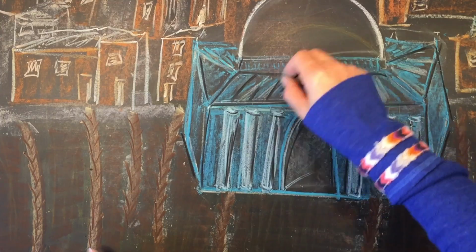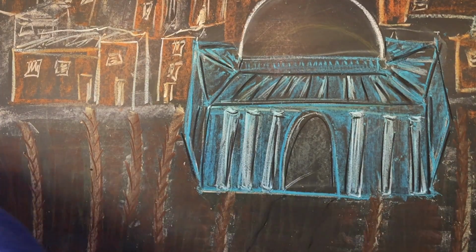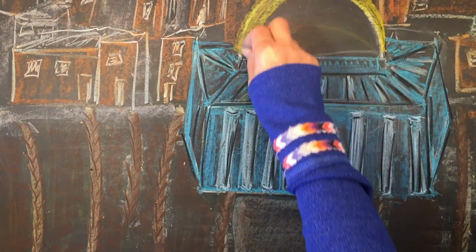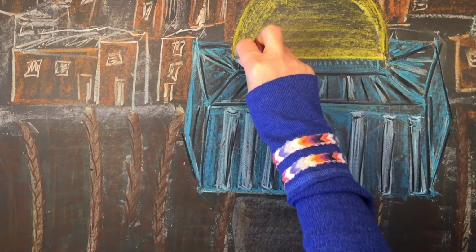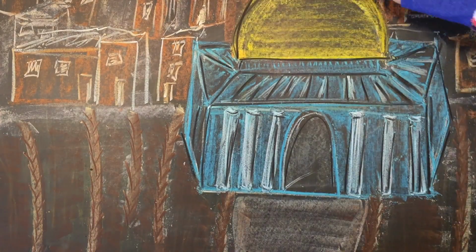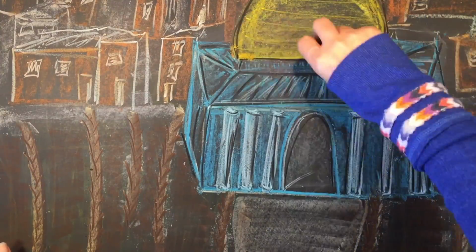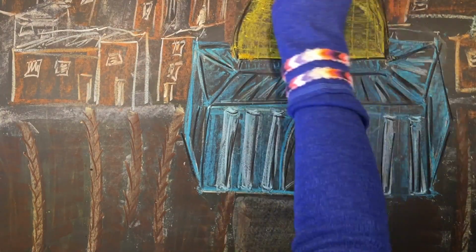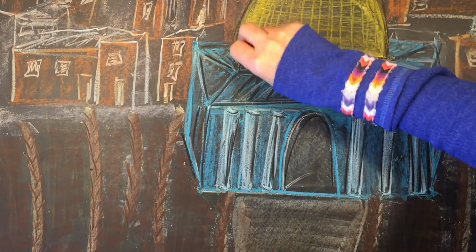So I've started out with somewhat of an outline, and then I move on to other parts of the drawing, and then I kind of go back and forth. And in part, that's because it's a little bit difficult to layer with chalk, and although it's super easy to erase, I'm trying to get what's going to be prominent in the foreground or prominent in the drawing itself and get that down, and then work around it, and then I'll come back and I'll do layers, or rather more detail.